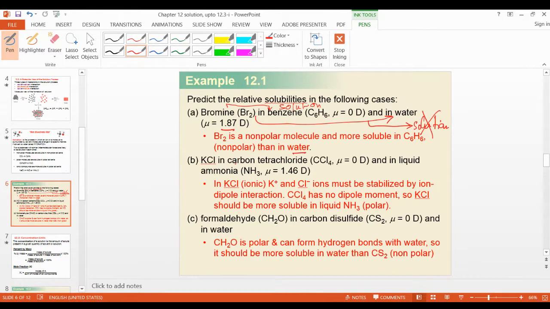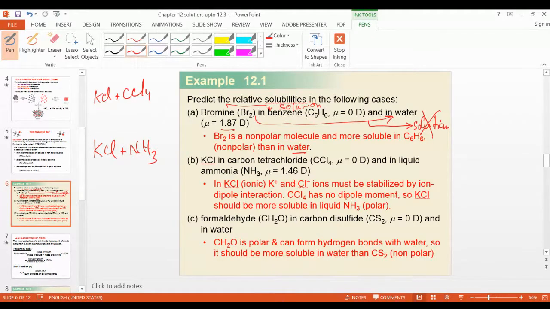The second question is whether KCl is soluble in carbon tetrachloride or in ammonia. Okay, so I will write here KCl plus CCl4 and KCl plus NH3.